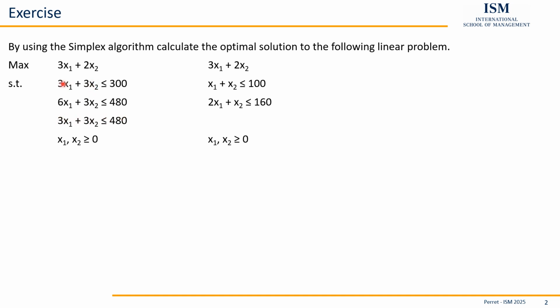If we take a look, we see that the coefficients of the first and the third constraint are exactly the same. And this one has a much smaller value than that one. So this first constraint is much more restrictive than this one.